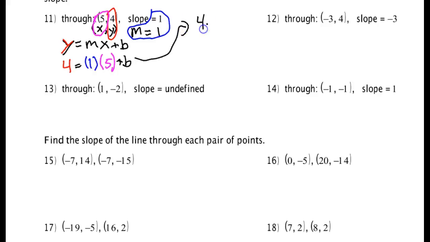So we'll have 4 equals 1 times 5 plus b. So 5 plus what equals 4? Or 5 minus what equals 4? And you can show that just by subtracting on both sides.